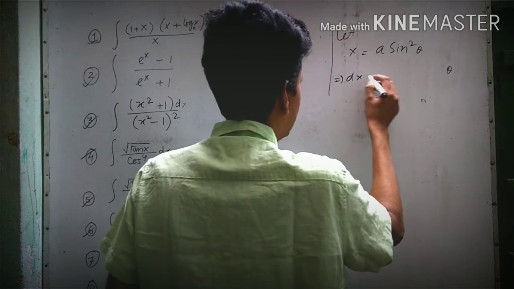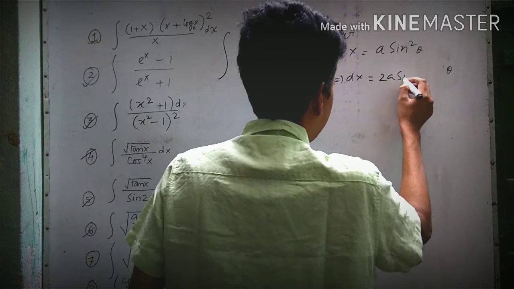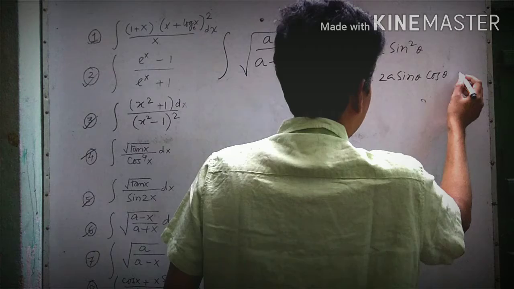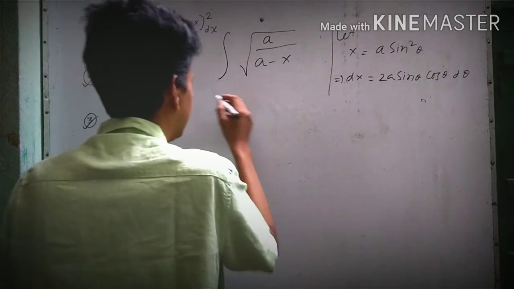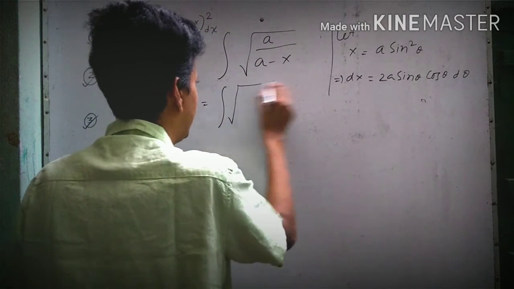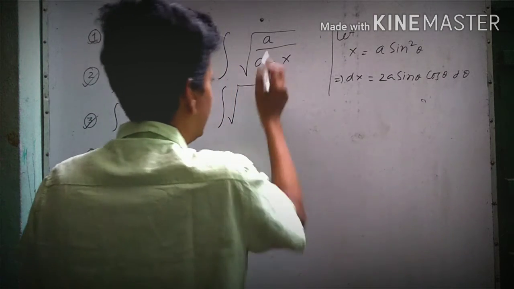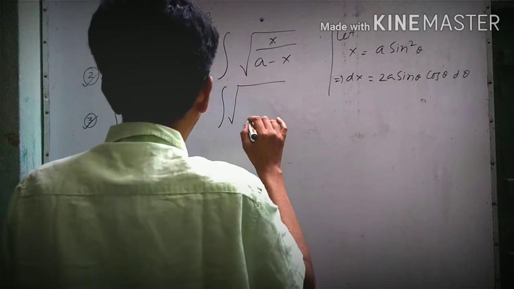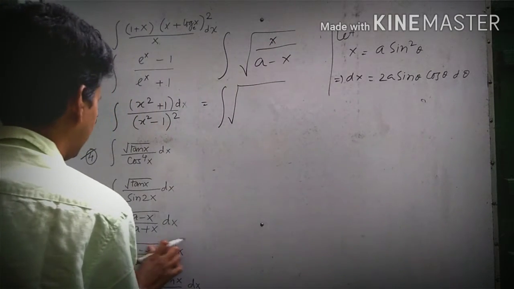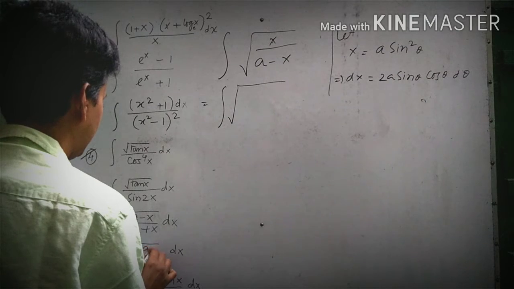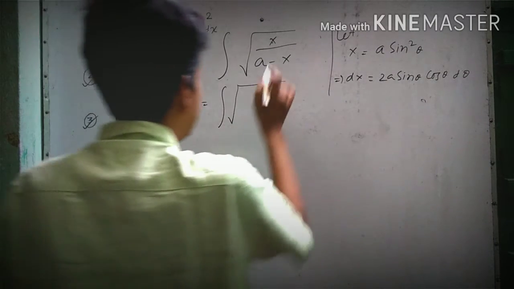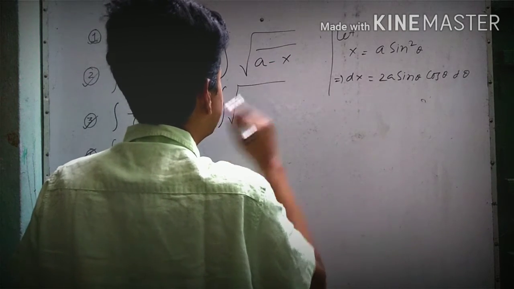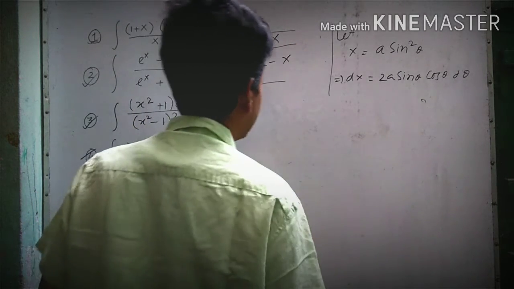Therefore, dx equal to 2a sin theta into cos theta d theta. Therefore, we get root over of, here will be x, here will be x.